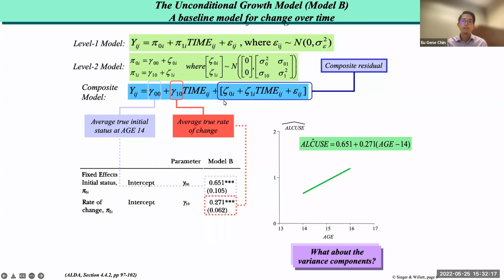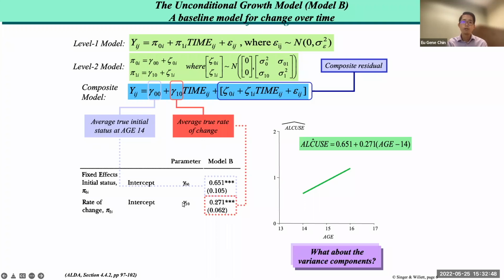So zeta subscript 0i represents deviations from the estimated intercept for the population average change trajectory, and zeta subscript 1i represents deviations from the estimated slope for the population average change trajectory multiplied by time. And then we've got the level 1 residual as well, which represents the deviations of each individual's observed score from the estimated true score based on the fixed effects of the level 1 submodel.